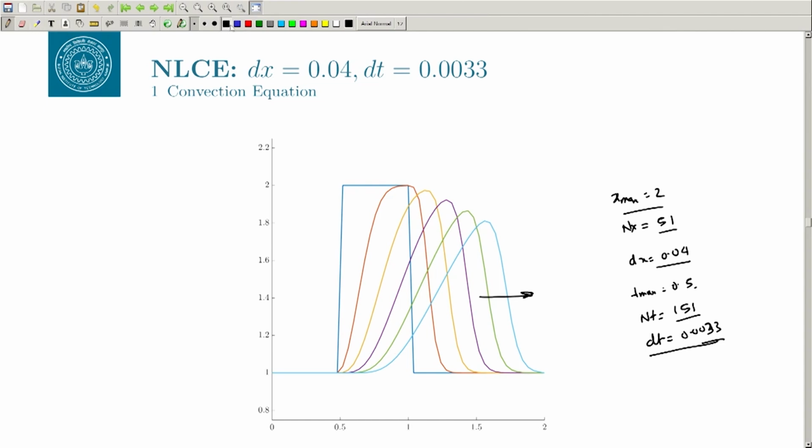Of course, it is not maintaining the shape, that is because of the numerical diffusion and our grid is very coarse. But the other thing that you notice is the difference in the gradient here and the gradient here. As it moves right, it is becoming more and more steep. This is called non-linear steepening.